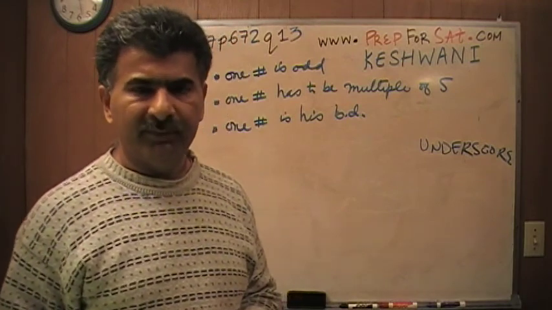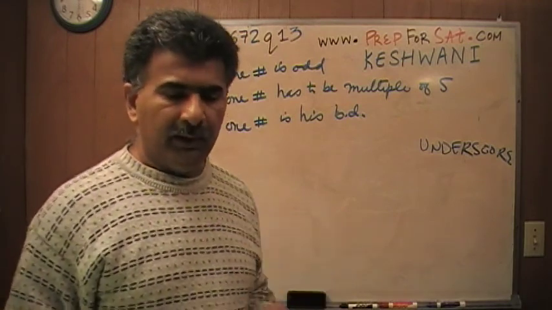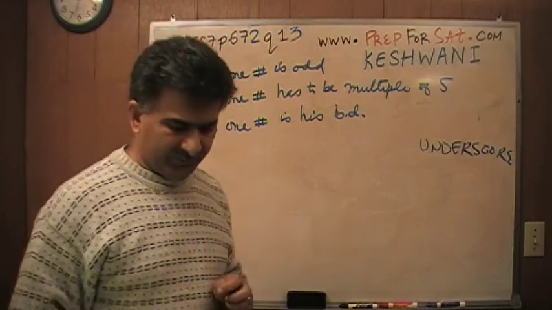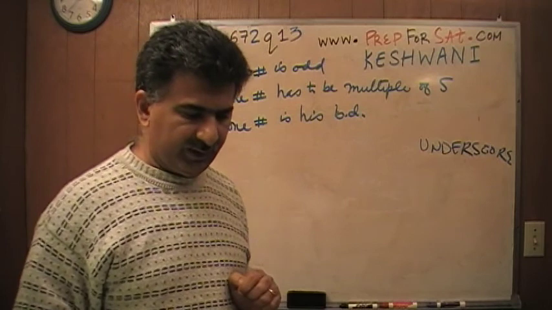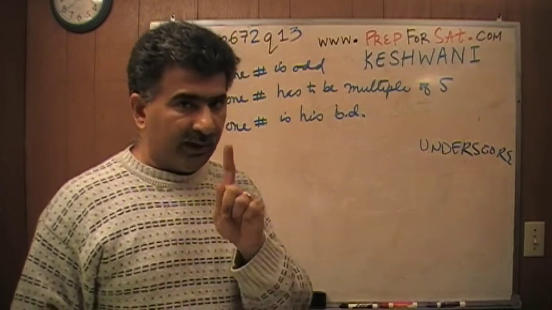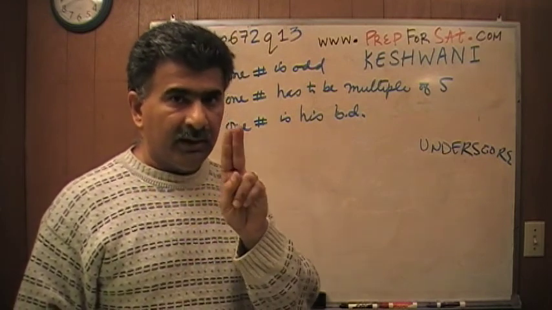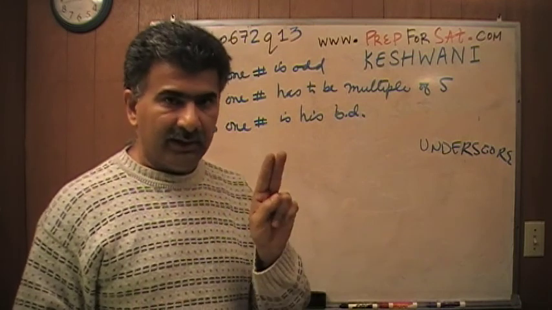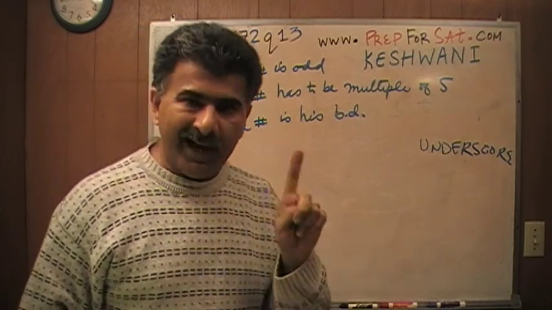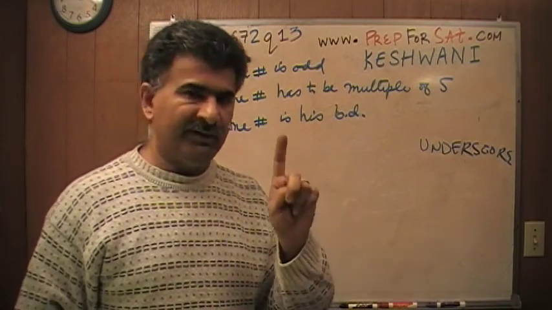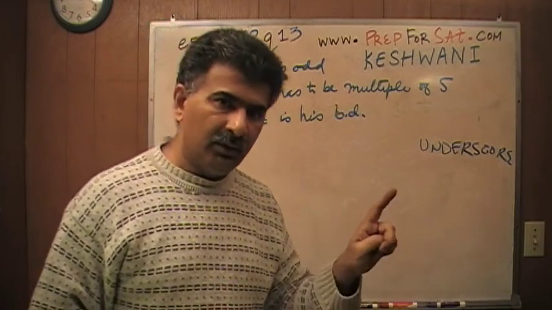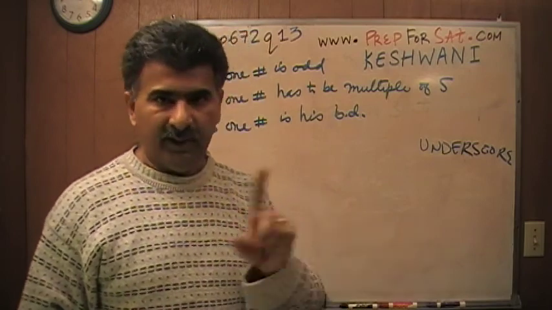Literally, to underscore something means to underline something. Metaphorically, it means to emphasize something. So they underscore the word exactly, so we can't miss it. Each number, in other words, cannot satisfy more than one condition. If you find an odd number which happens to be a multiple of 5, you cannot count it twice. It has to be counted either as an odd number or as a multiple of 5, not both.